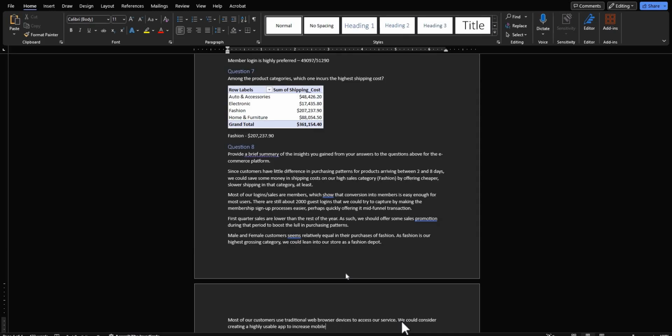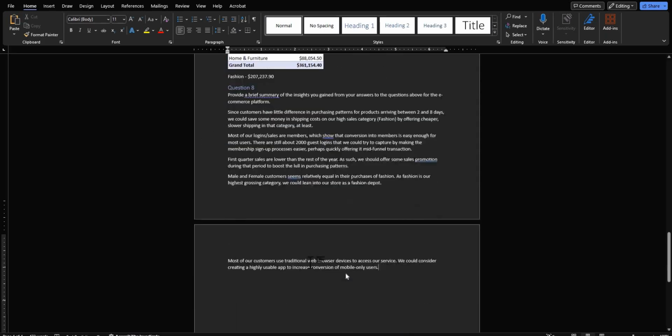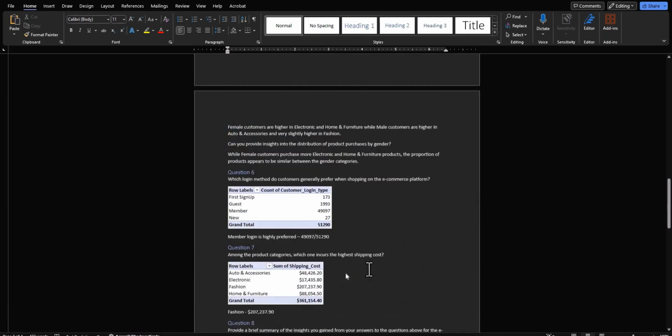I may say, to increase conversion of mobile only users. There we go. Now I've covered everything, I think.